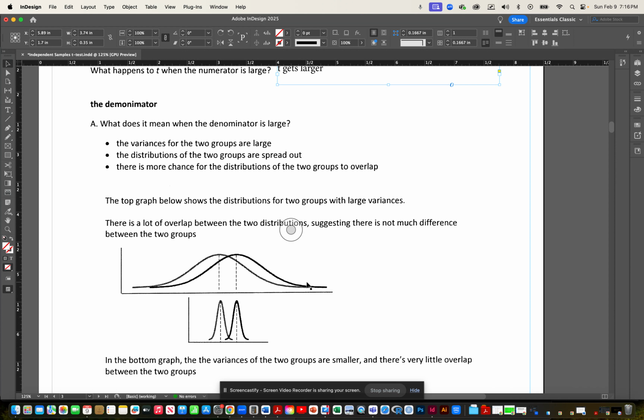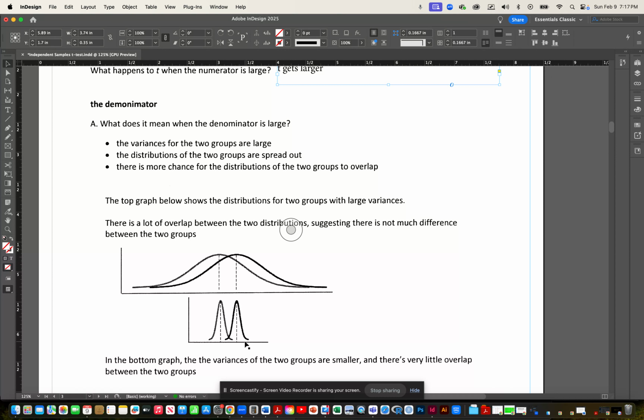And when we have large variances like this, there's more of a chance that there will be overlap. And then for the second graph here at the bottom, the variances of the two groups are smaller, and looking at this, you can see that there's not much overlap.